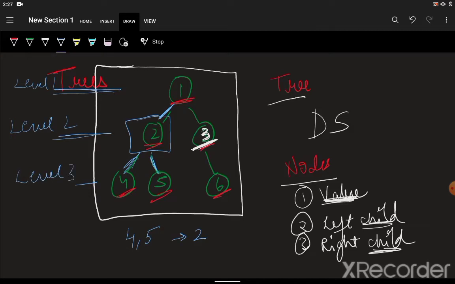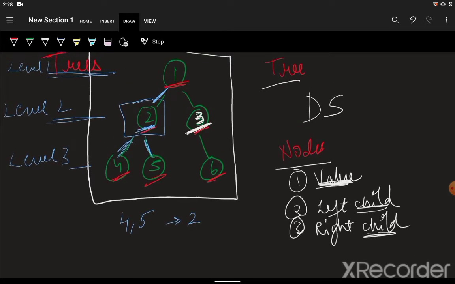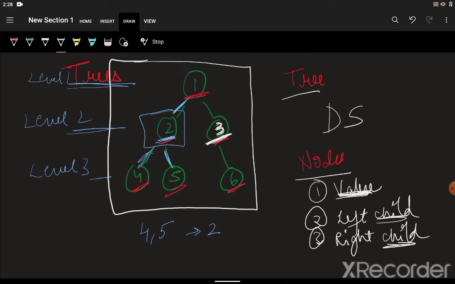We can see that 4 and 5 are directly connected to 2 and are one level higher than the node 2. So we can say that 2 and 4, or 2 and 5, hold a parent-child relationship. Similarly this will be true for all of the nodes. In this scenario, 1 is the parent of 2, 2 is the child of 1, 4 and 5 are the children of 2, and 2 is the parent of 4 and 5, like that.